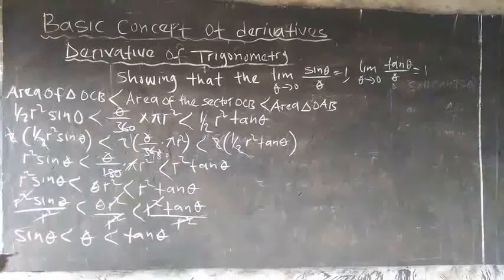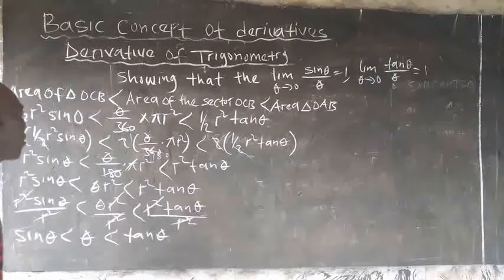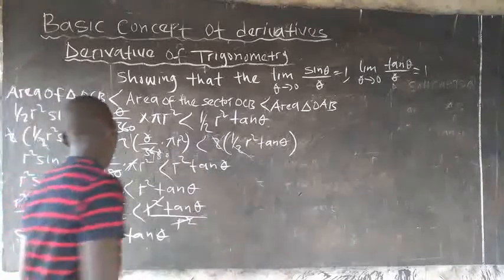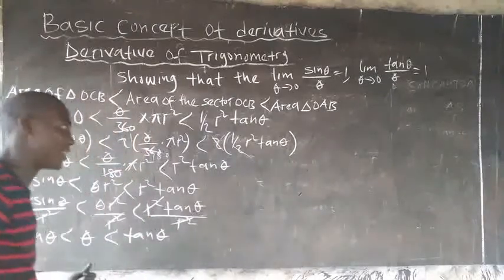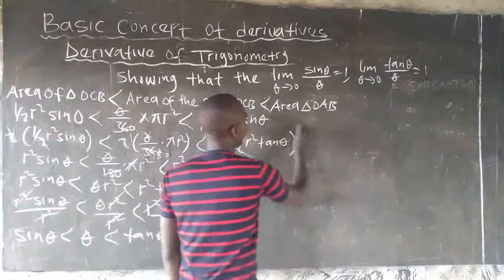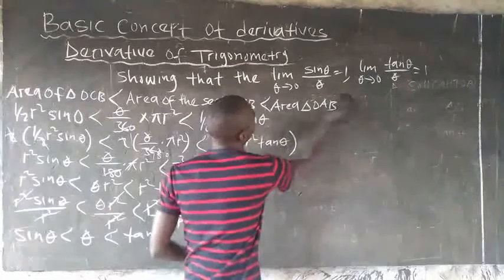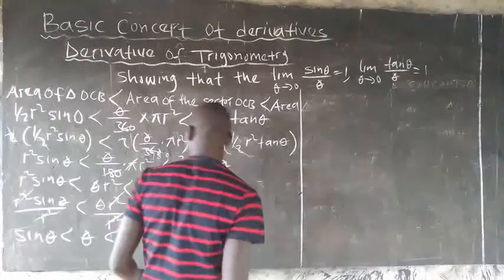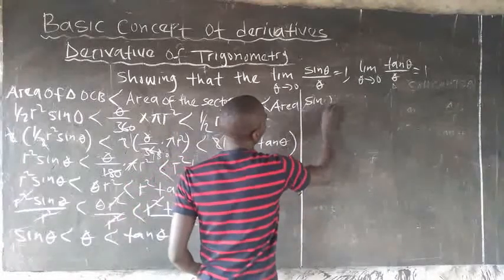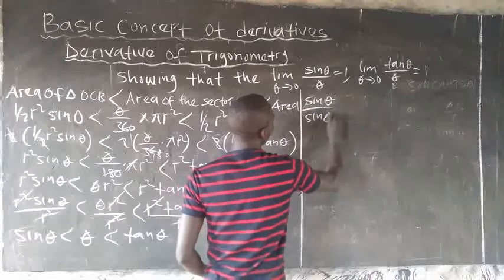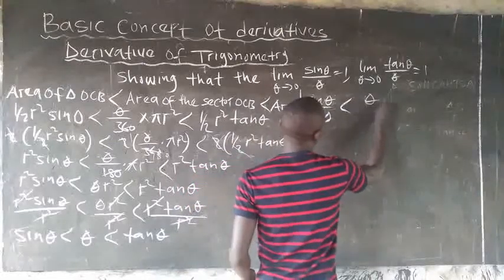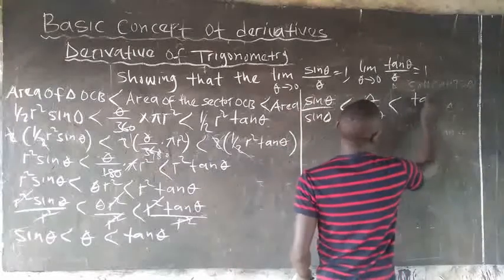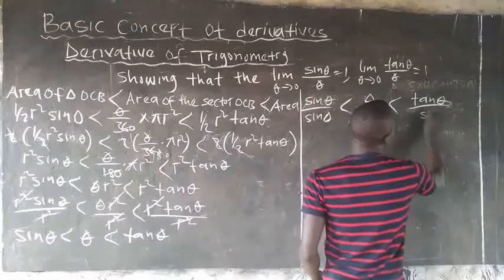So yeah, we have sin theta less than theta less than tan theta. I'll be dividing through by sin theta first. If I divide through by sin theta, it will be sin theta over sin theta less than theta over sin theta less than tan theta over sin theta.